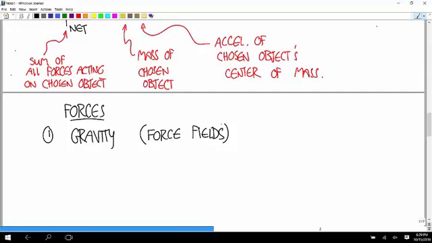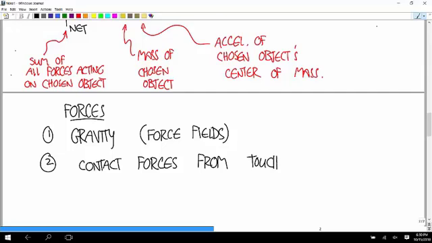But if you think of those as one category, then that's the first type of force we'll deal with. And the second one, and these two categories account for every force that we're going to deal with, are contact forces with other objects, from touching objects.